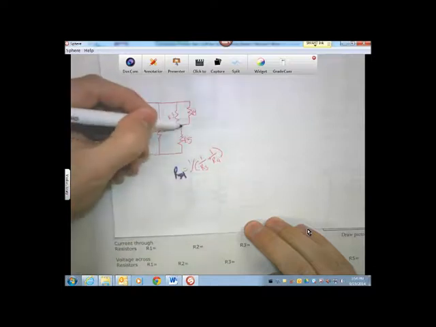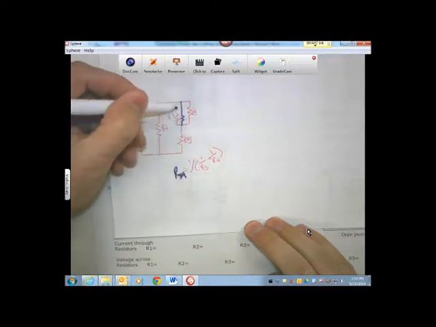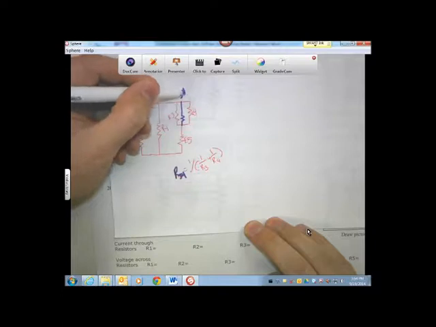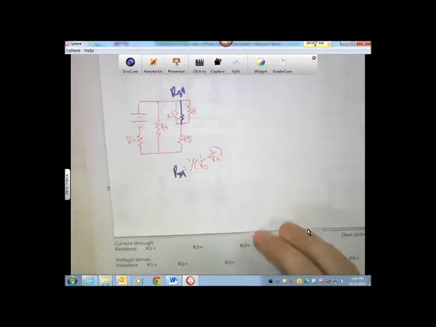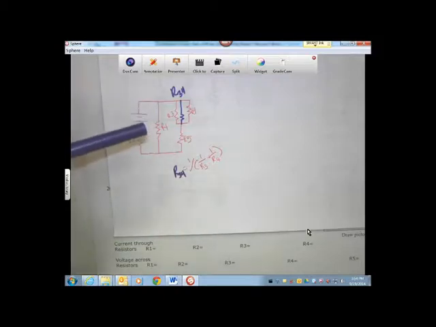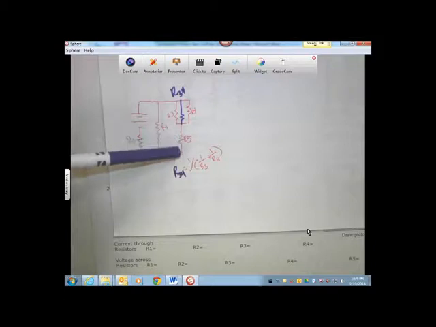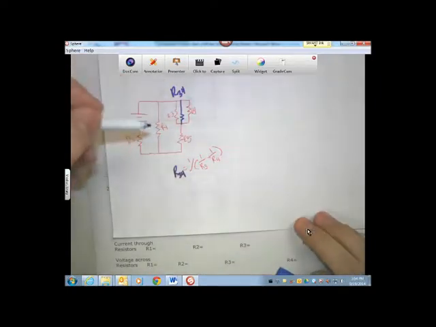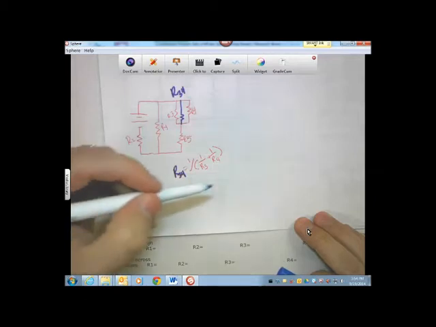Put this in purple. Now, I know the value of R3,4. I can just add that to R5 to get the value of that branch. So I end up with a new circuit.